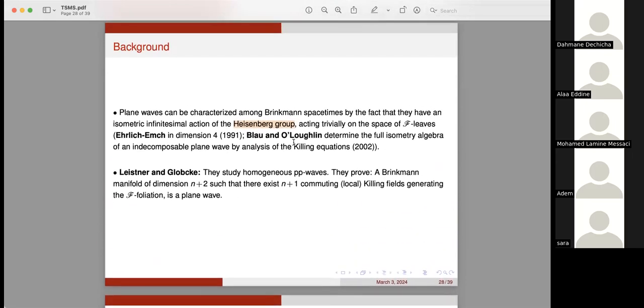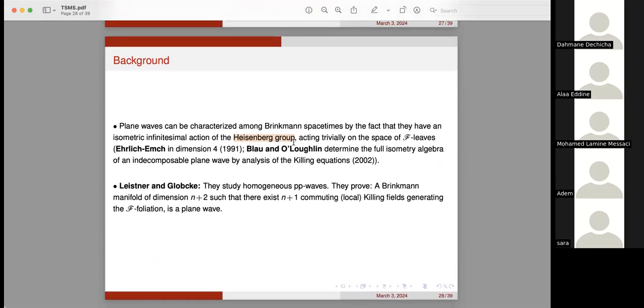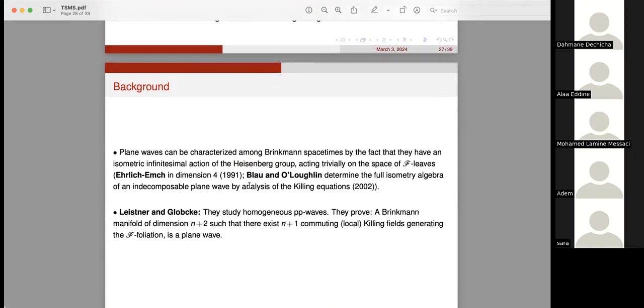Sorry, what I considered so far were homogeneous plane waves. But in general, plane waves have cohomogeneity 1.